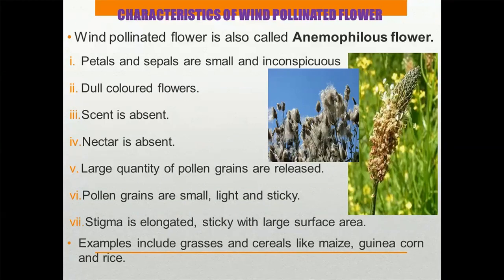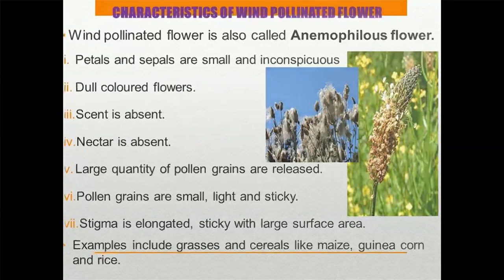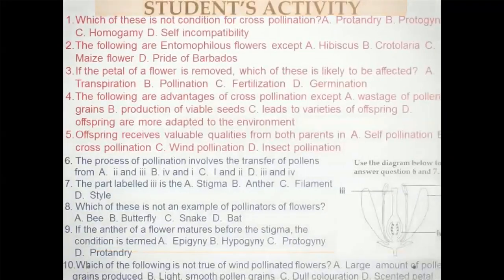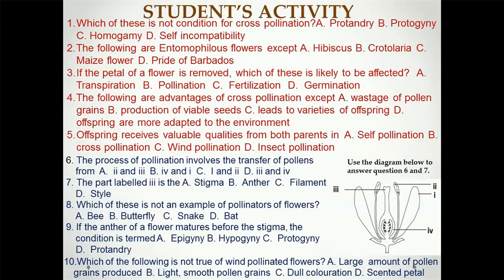Okay, so go through, you should get it. And at this point, you should be able to know the differences between flowers that are being pollinated by insects and those pollinated by wind. Just look at it and compare. In insect pollinated flowers, they have scent, their petals are brightly colored, they have nectar, their petals are large and conspicuous.